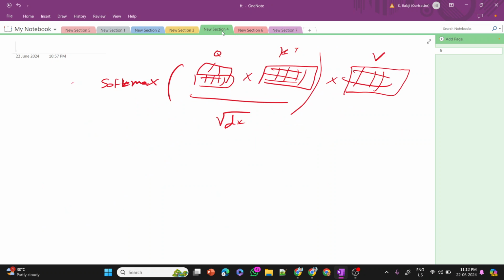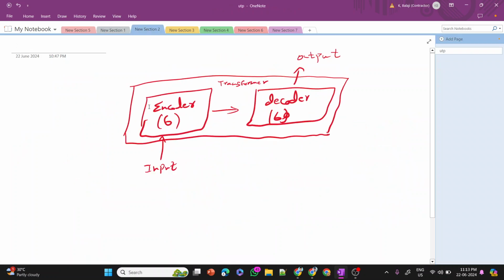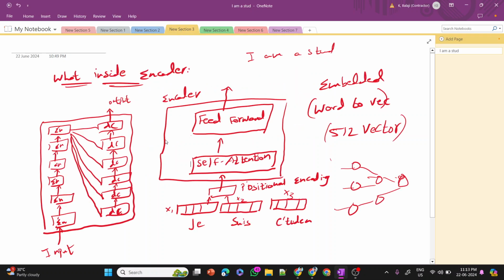We can see further architectures by taking this architecture as a base. GPT 3 and 4 came up, and Google also released an architecture called BERT.